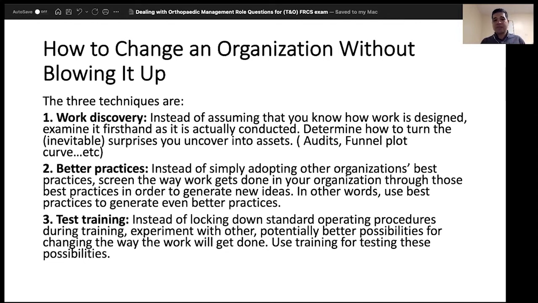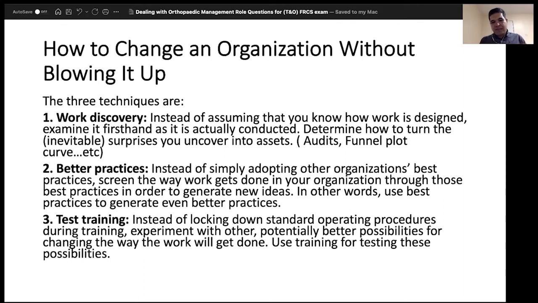You can change with work discovery, better practice or task training. With work discovery, instead of waiting for complications or complaints coming from the patients, you investigate your institution, your unit, your department, and see what's wrong. You will find a lot. How can you do that? We usually do an audit, an assessment of performance, like funnel plot curves and so on.